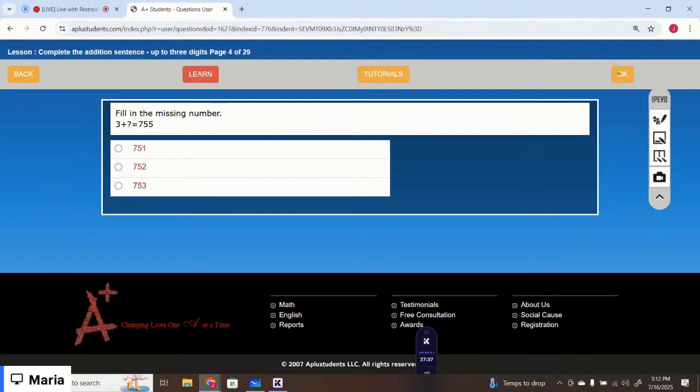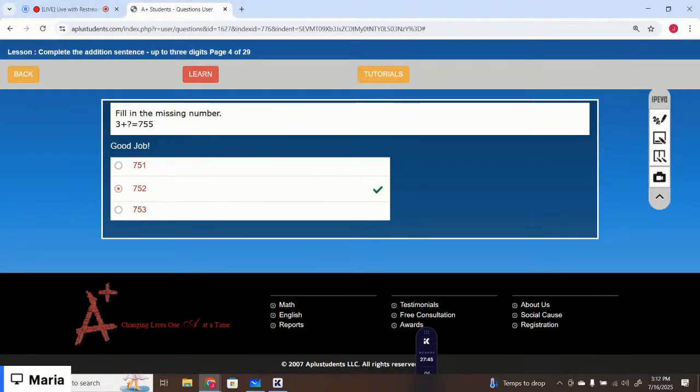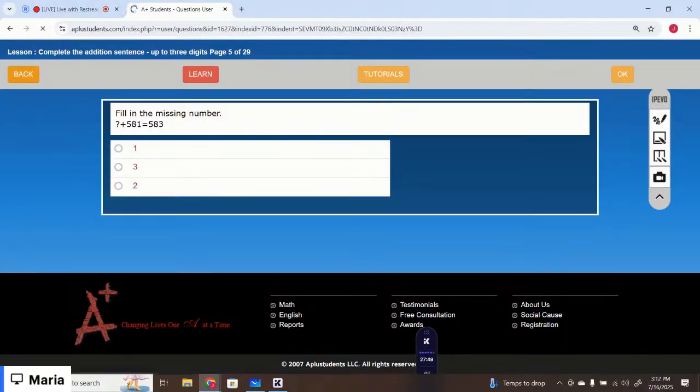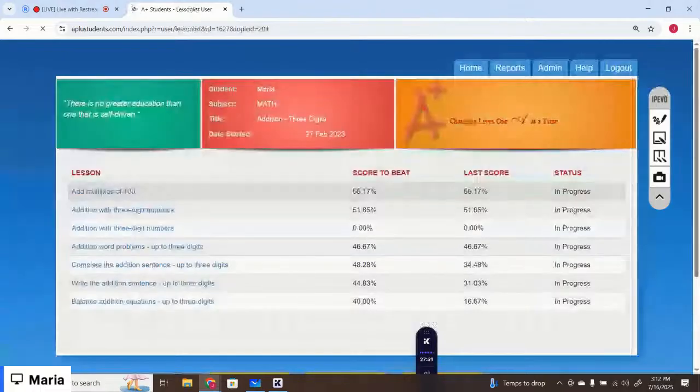That is 3 plus 752 equals 755. Option number 2 is the correct option. You can complete the rest of the lesson by yourself later today. Let me move on to the next lesson.